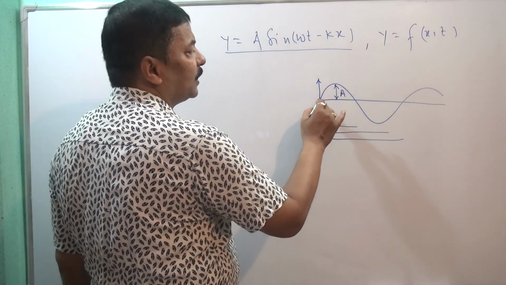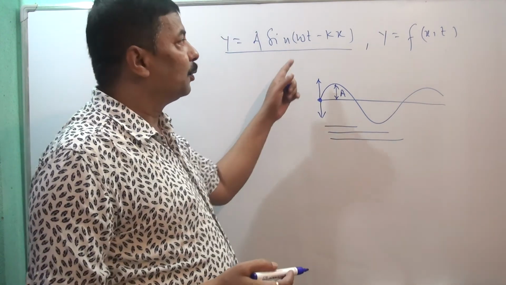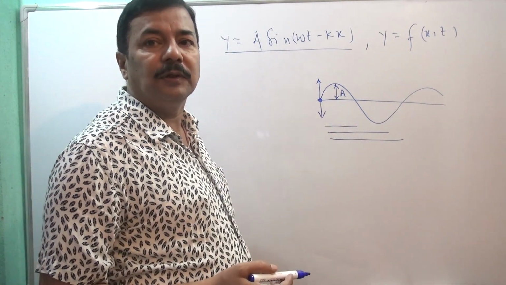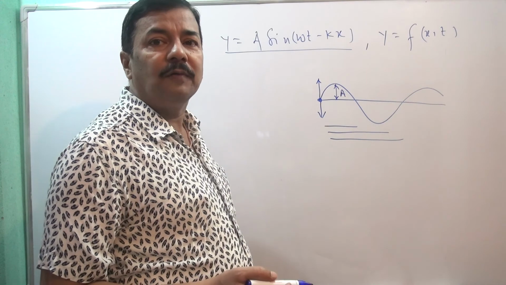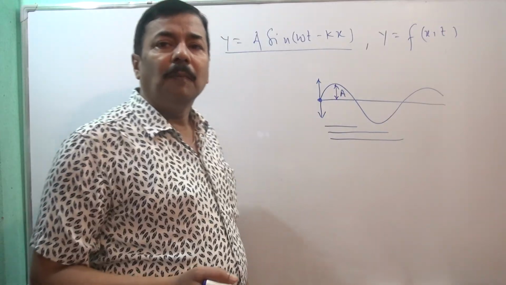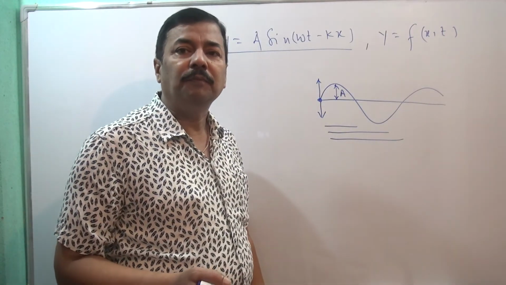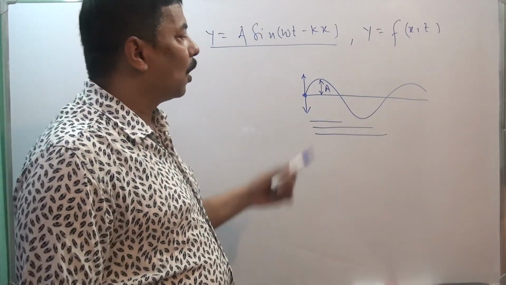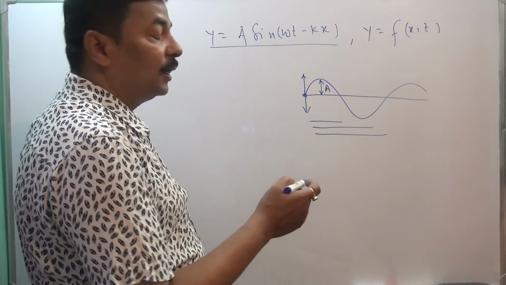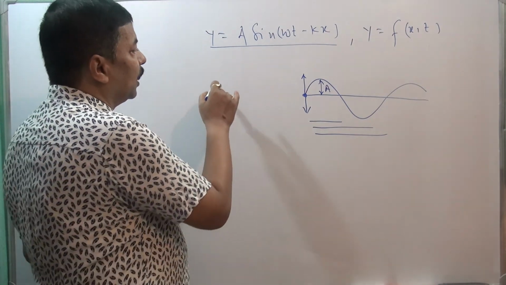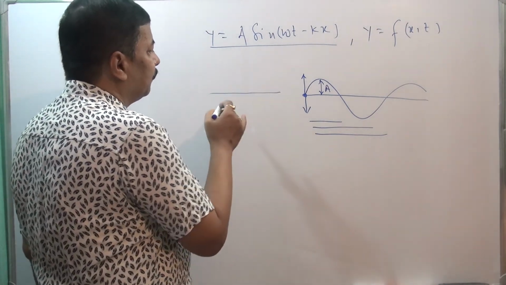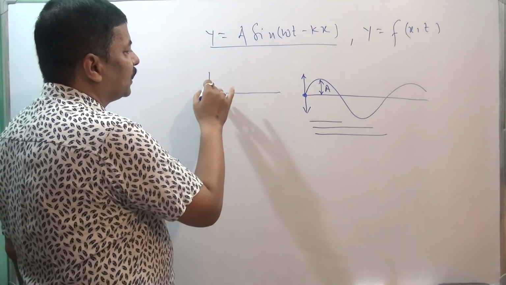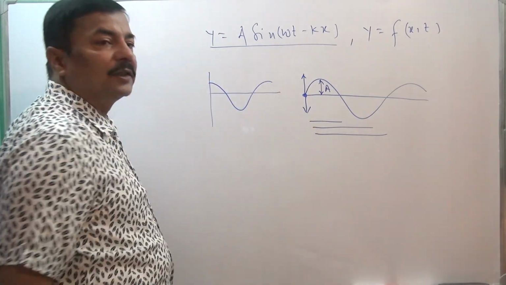Here I have considered that the particle starts from the mean position, but we mentioned in the previous class that it is not always essential that the particle starts its displacement from the mean position. Suppose in this case the particle has started its displacement in this way.